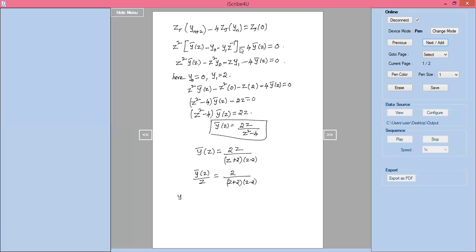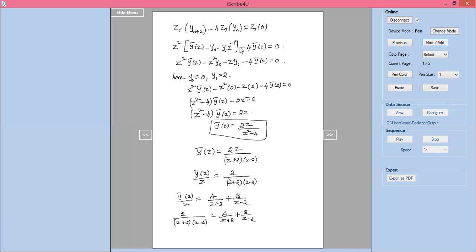Now y bar of Z divided by Z equals a divided by Z plus 2 plus b divided by Z minus 2. So 2 divided by Z plus 2 into Z minus 2 equals a divided by Z plus 2 plus b divided by Z minus 2.